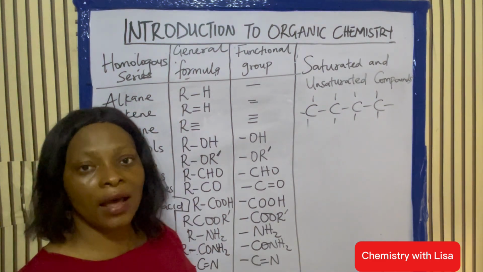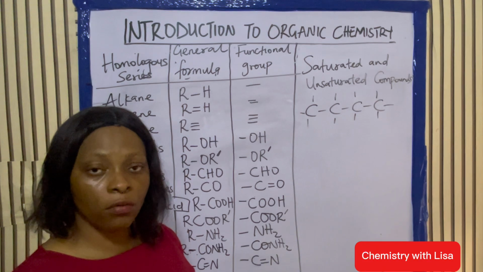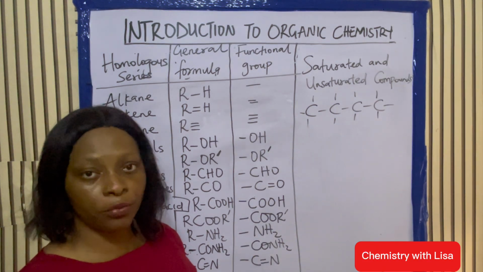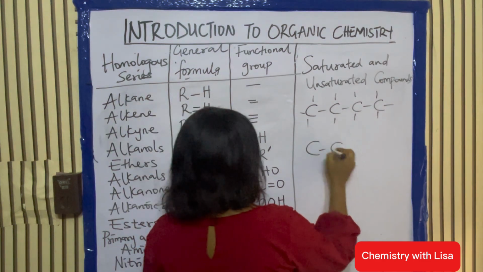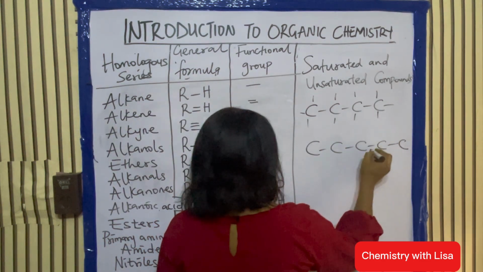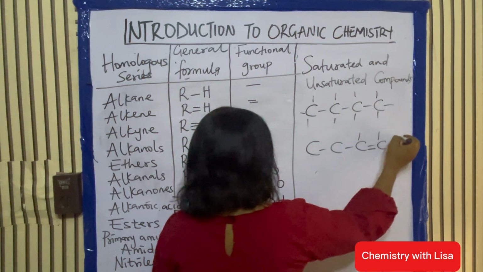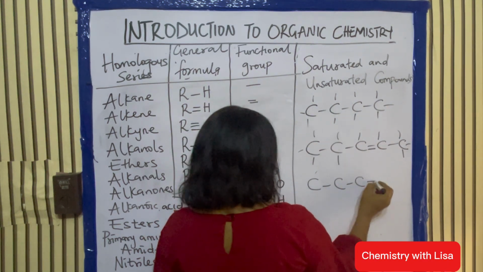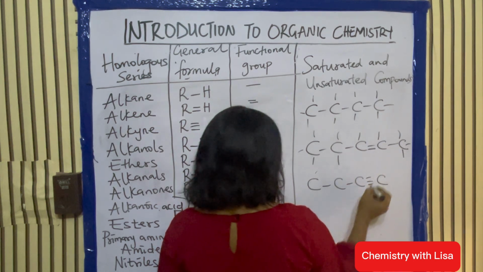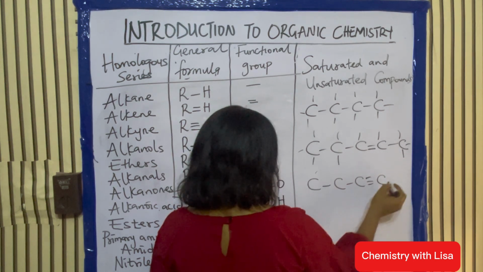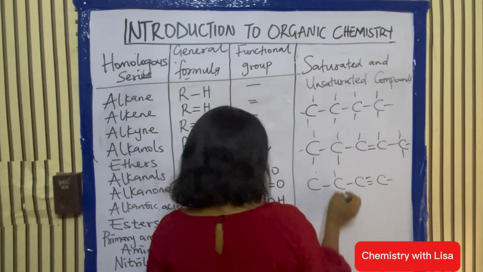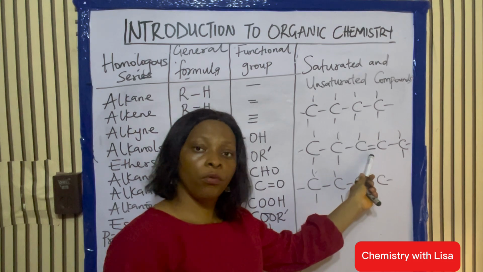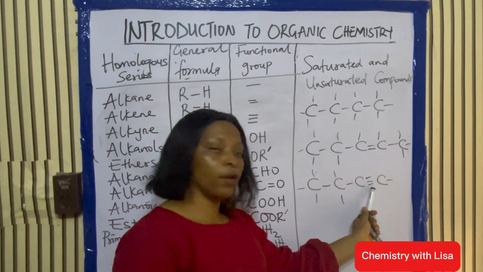Whereas unsaturated are those that have double or triple covalent bonds. For example, as you can see, this is double covalently bonded, and this is triple covalently bonded.